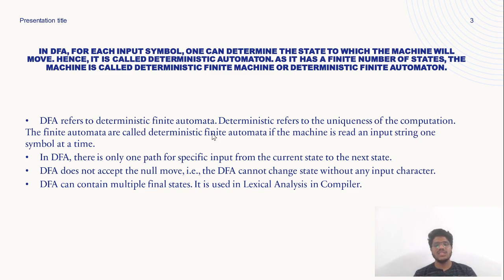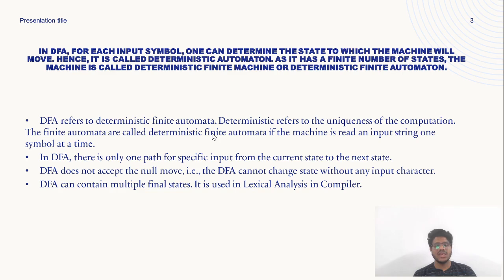If the machine reads an input string one symbol at a time in a DFA, there is only one path for specific input from the current state to the next state. A DFA does not accept the null move, i.e., the DFA cannot change state without an input character. A DFA can contain multiple final states.